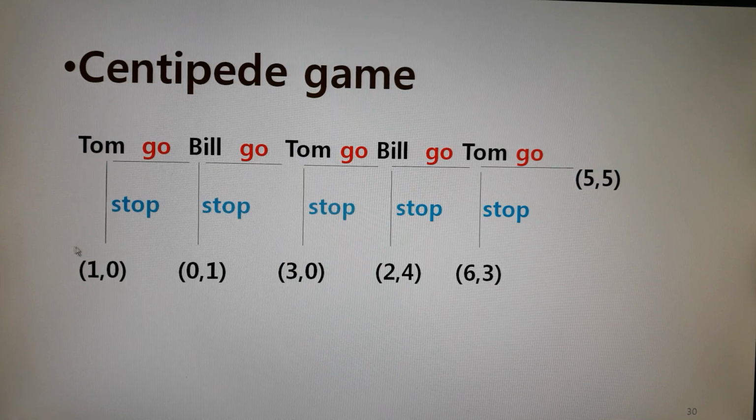If Tom stops, Tom gets 1, Bill gets 0, but if Tom goes and Bill stops here, Tom gets 0, Bill gets 1. But if Bill chooses go and Tom stops, Tom gets 3, Bill gets 0. But if Tom chooses go, Bill stops, Bill gets 4, Tom gets 2, on and on and on. But if they go to the end, it's 5 to 5.